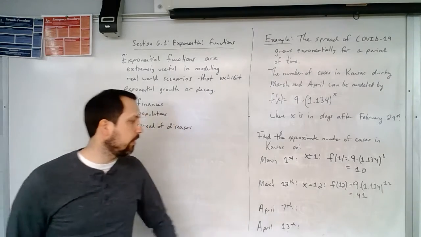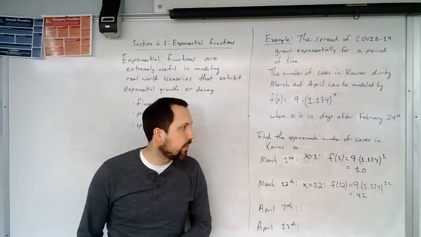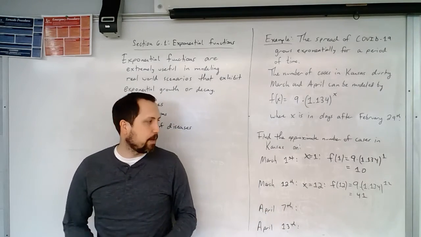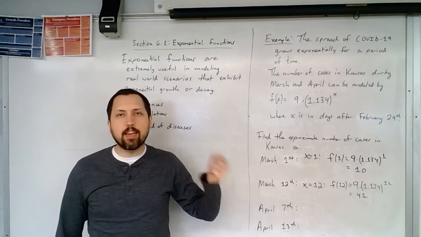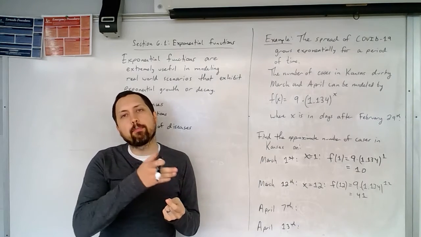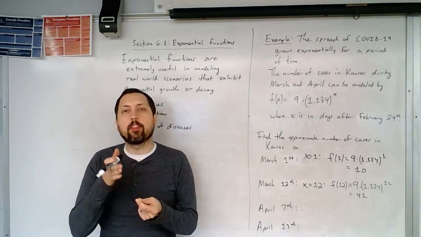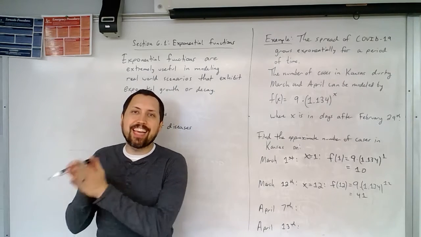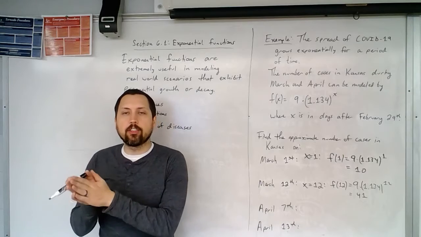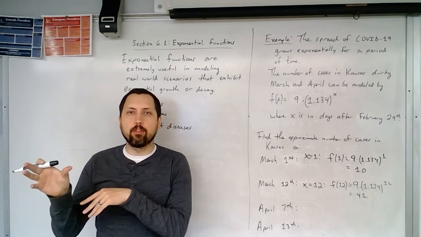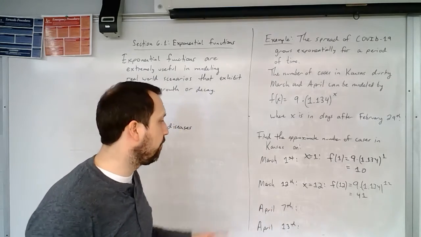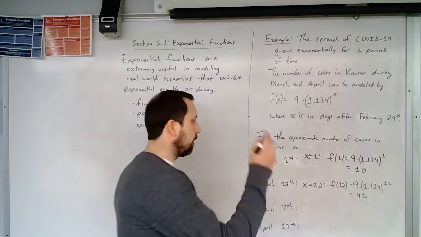Now, if we fast forward to April 7th, how many days after February 29th is that? There's 31 days in March, so April 1st would be the 32nd day, and April 2nd would be the 33rd day. So you basically take the days in April, whatever day this is, and add 31 to that. If we take 31 and add on 7, we're at 38.